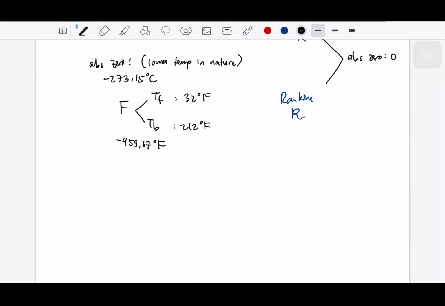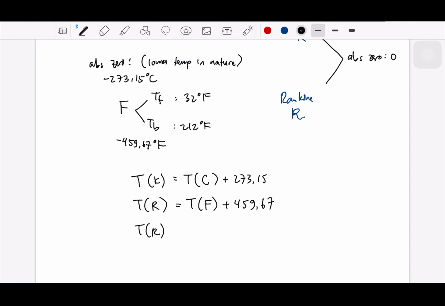I think some conversions, like I mentioned, this is the Celsius. R is the Rankine. Okay. K is Kelvin.